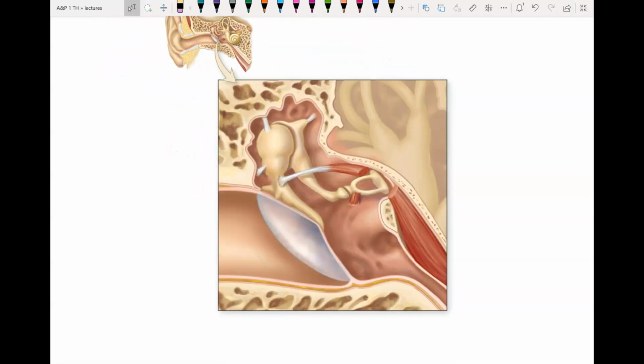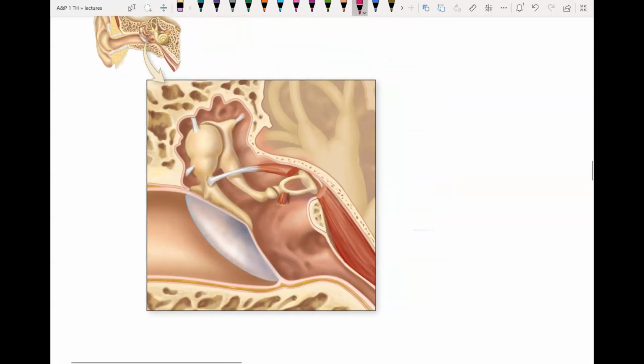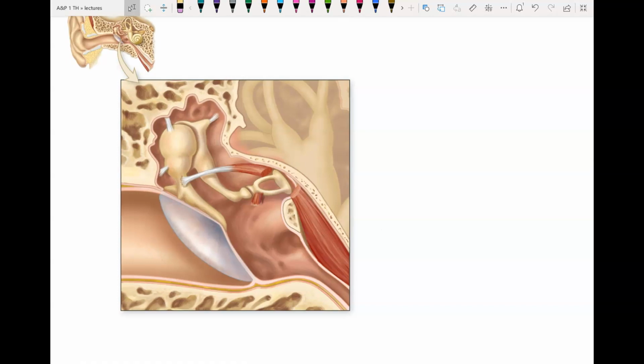This is showing a couple of important muscles in the middle ear. Remember, these auditory ossicles vibrate. So these are small, delicate bones, and they vibrate in response to sound waves.